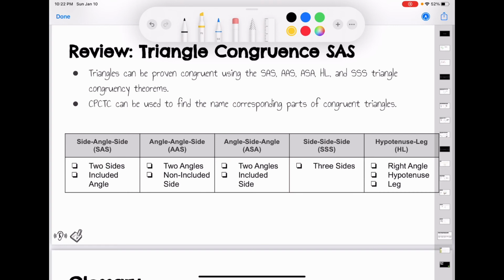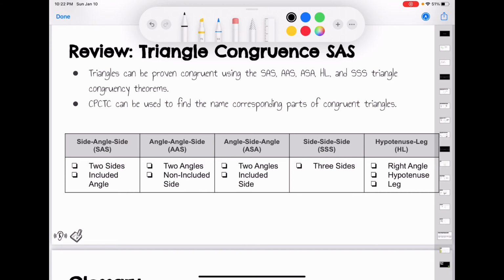For the side-side-side theorem, we must prove that all three sides are congruent. And for the hypotenuse-leg theorem, we must prove that we have right triangles, so each triangle must have a right angle. And we must prove the hypotenuse of that triangle and a leg are congruent to each other.